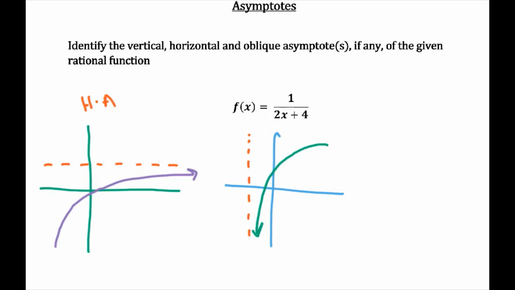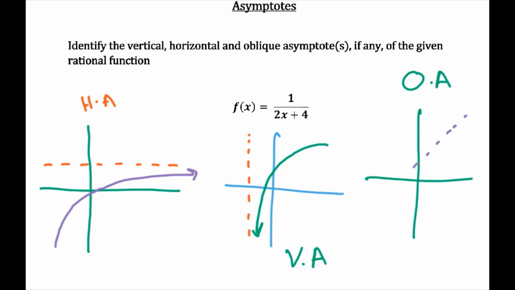And finally, we do have an oblique asymptote. So that's a vertical asymptote. That's an oblique asymptote. An oblique asymptote looks like something like that, in which again the graph of the function might approach it but will never cross it.